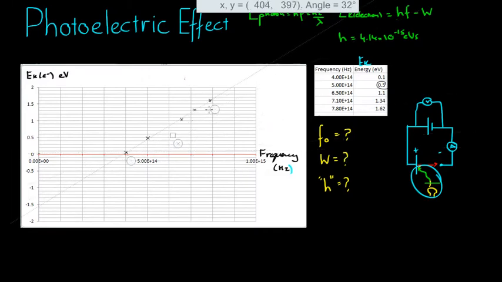So I'm going to try and collect as many of those points as possible. That looks pretty good. And then I'll draw that line in. Even though we can't actually have negative kinetic energy electrons, I'm still going to mark that line in below the horizontal axis because it comes into use later. And then we have a straight line there.